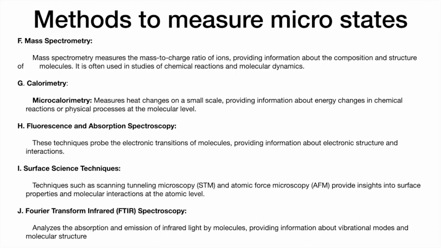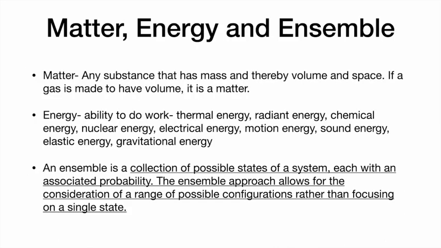These techniques are used to measure the microstates at various time intervals, and based on that an inference is drawn, and at the macro level all the averages are summed up and we get the macrostate. Next we are seeing the definitions of matter, energy and ensemble.